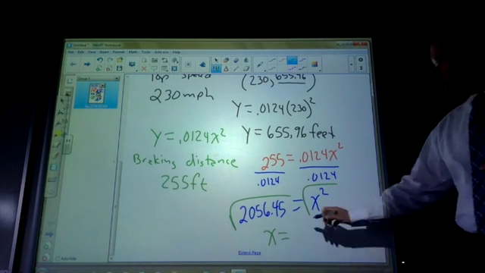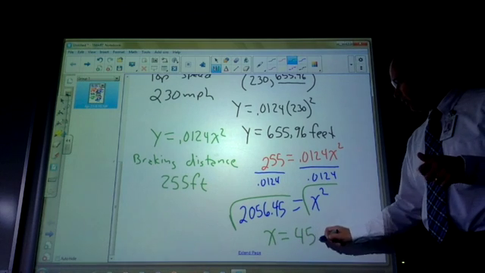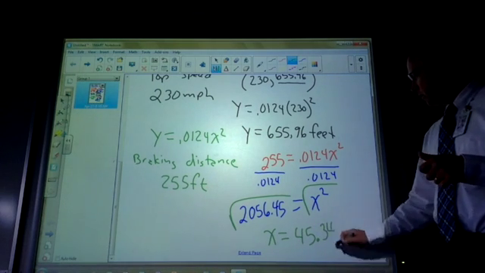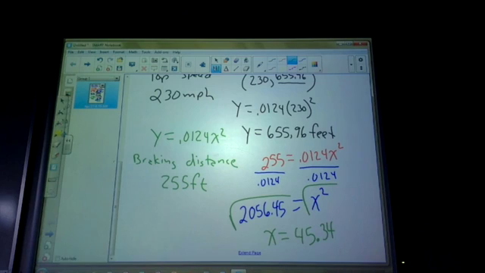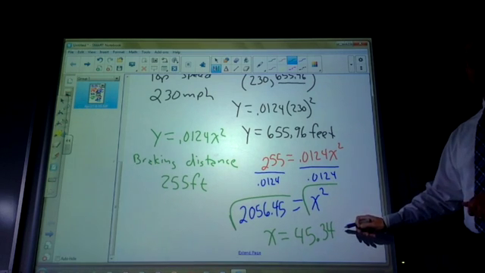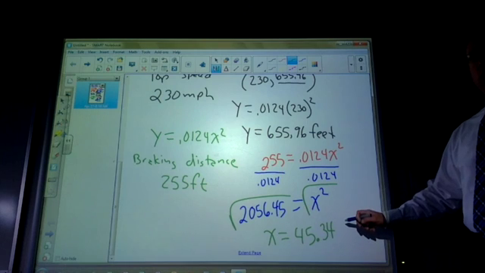Yes. That's x. And x, we know by our equation, is miles per hour or feet?